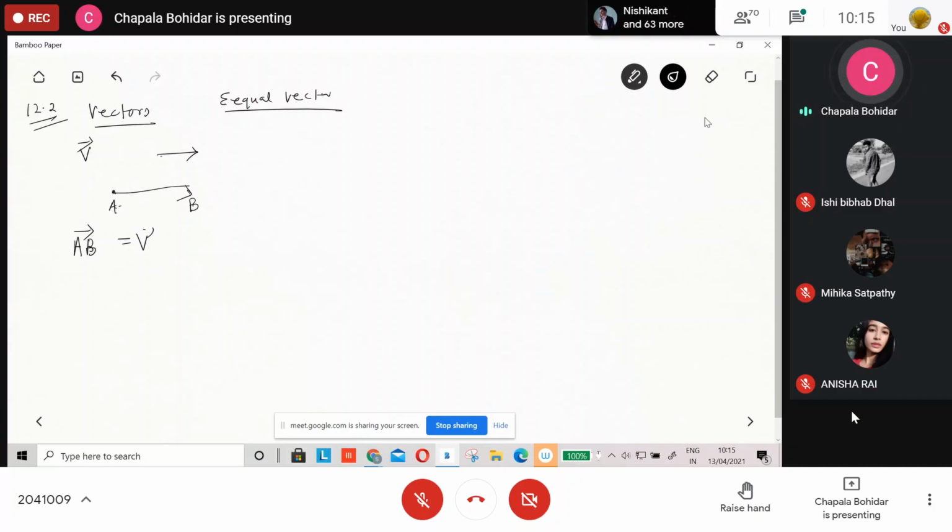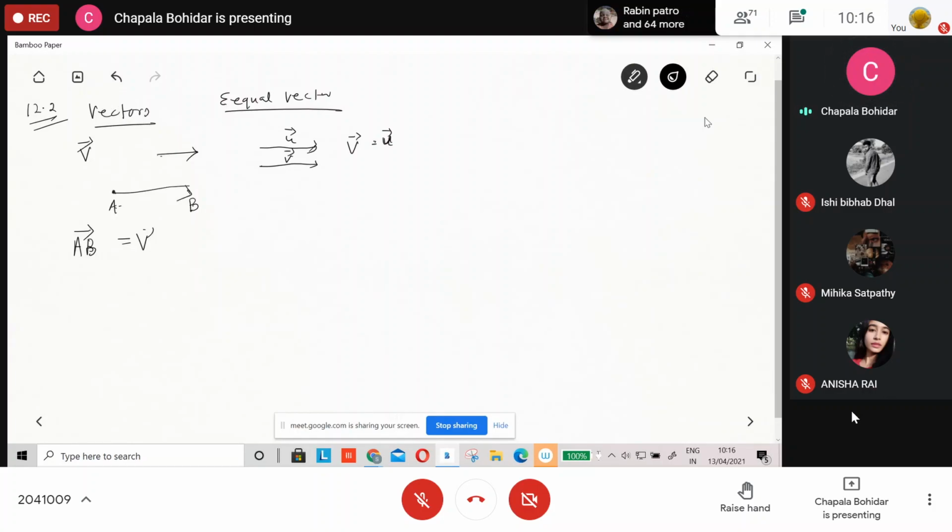Say it is vector u and this is vector v. Then both have the same magnitude and direction, so we say they are equal vectors, that is v is equal to u.